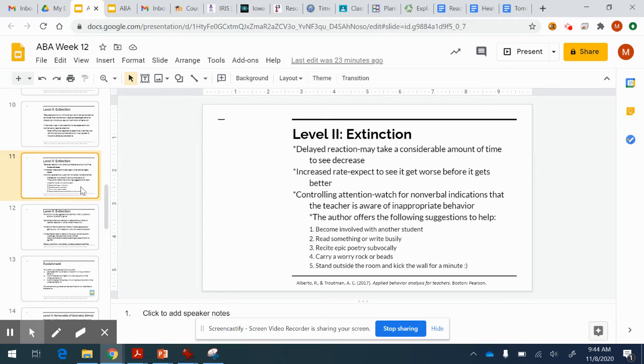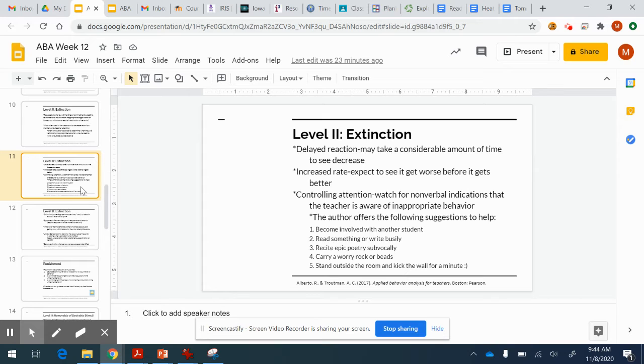So, the problem with extinction, or one of the downfalls with extinction, is that it may take a considerable amount of time to see a decrease. A student who is attention seeking is not going to pick up on right away that you're ignoring them to try and get them to stop the behavior that they're exhibiting.